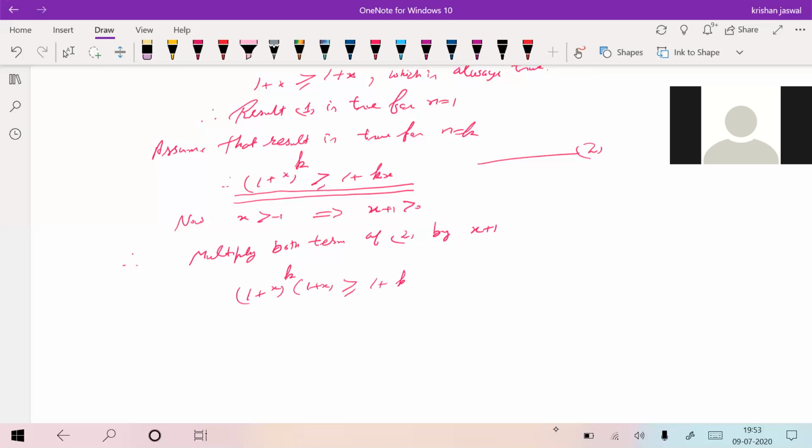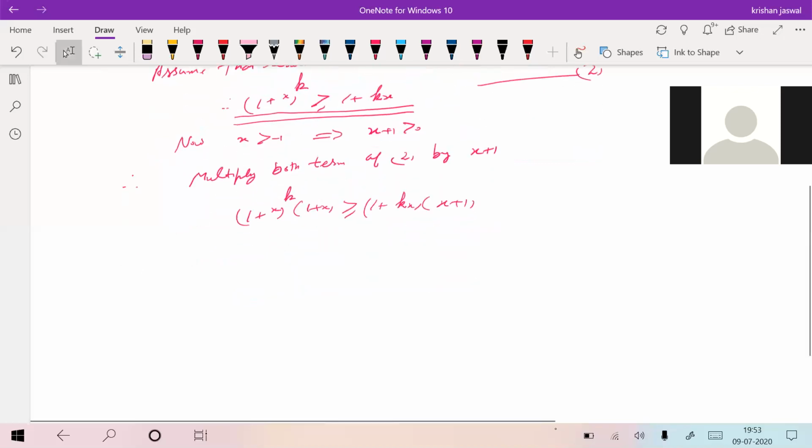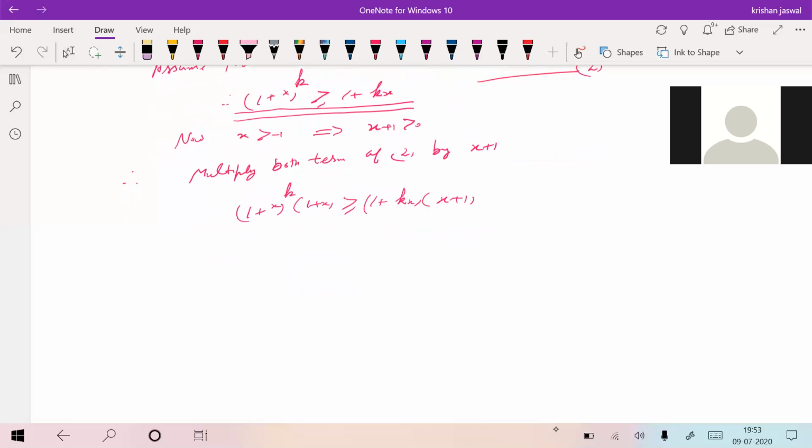Now this becomes 1 plus x power k plus 1 is greater than or equal to 1 plus kx times x plus 1.